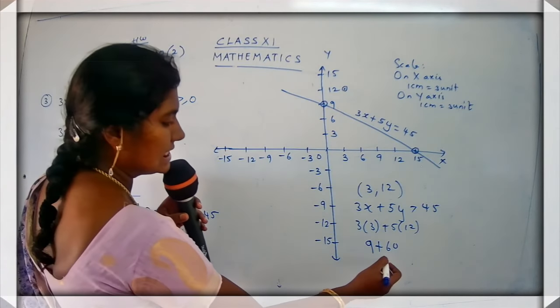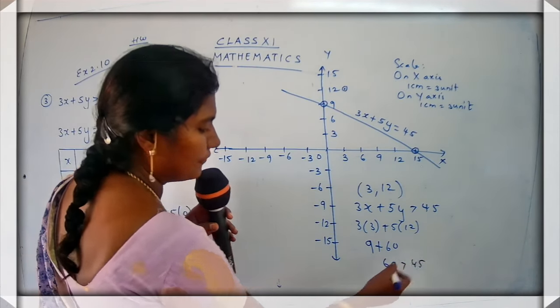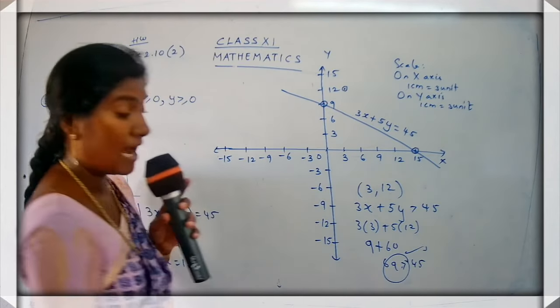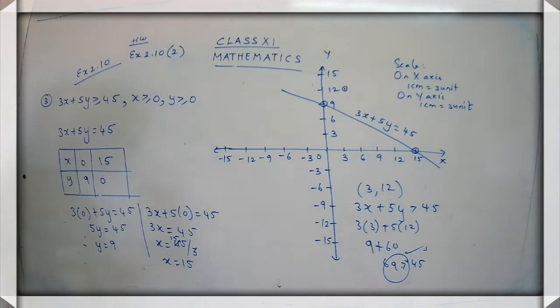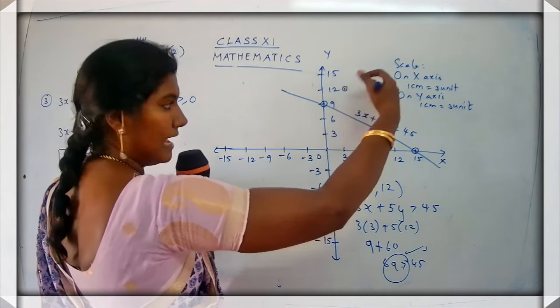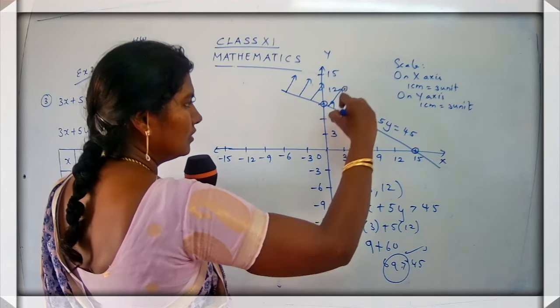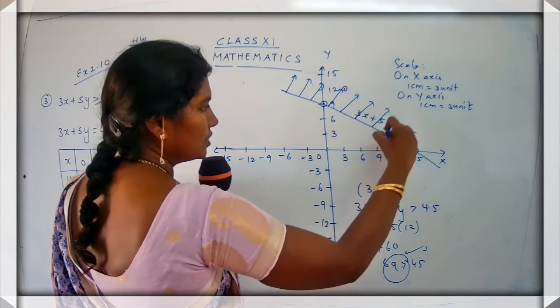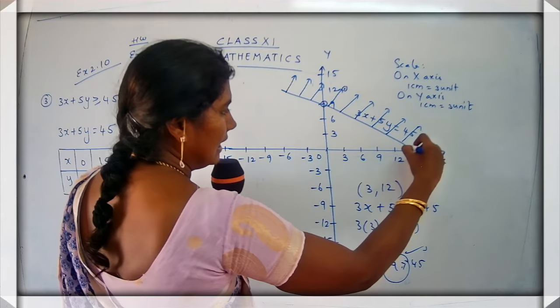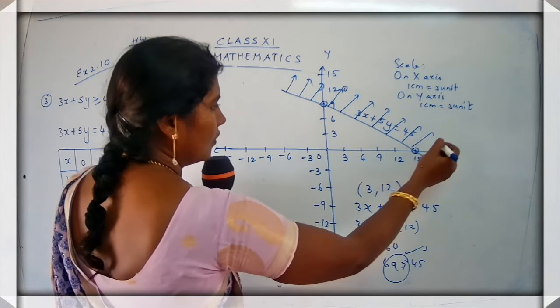So this is 69 and this is greater than 45. So this is acceptable. We can agree with this fact. Yes, children? So when I take a coordinate lying above the graph, I get the condition satisfied. So where is the area going to lie? The area is going to be above the graph. So you are going to draw an arrow. I hope you are clear, children. Okay? So just draw a line above it.